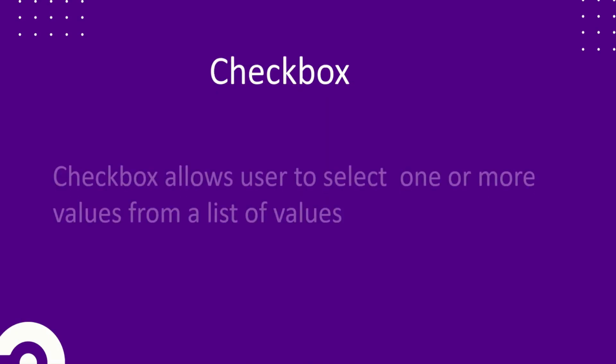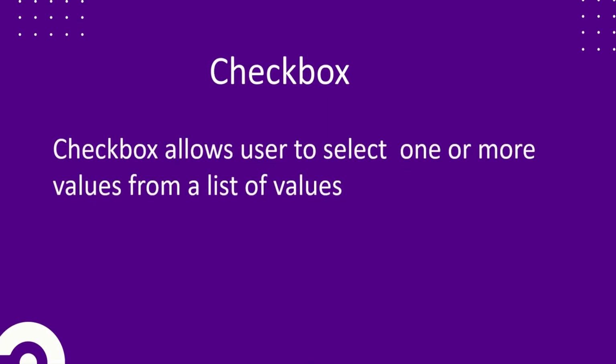Checkbox. Checkbox control allows the user to select one or more values from a list of values. Checkbox allows the user to select more than one item from the list. Suppose you want to give your hobbies, some might have only music as the hobby.